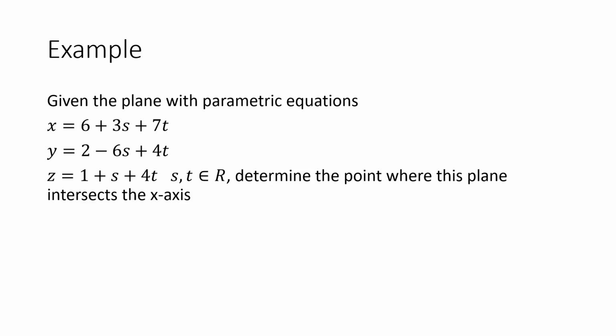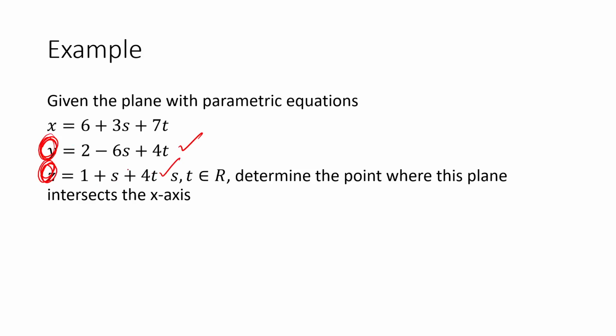Now, what if we have a plane with the parametric equations shown, and we want to determine a point where that plane crosses the x-axis? Every point on the x-axis has a y-coordinate and a z-coordinate of 0. So all we're going to do is set y and z equal to 0.